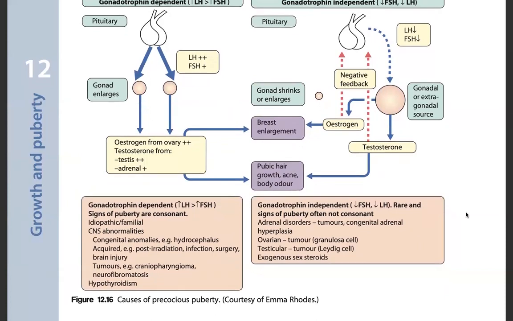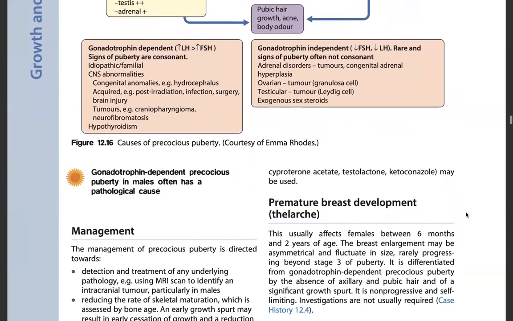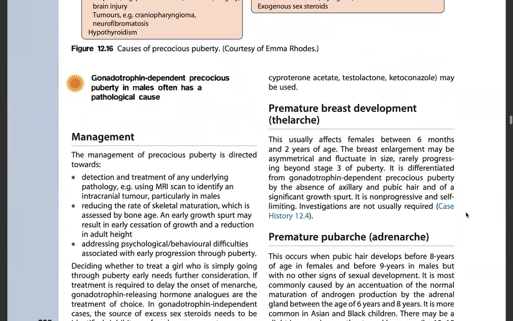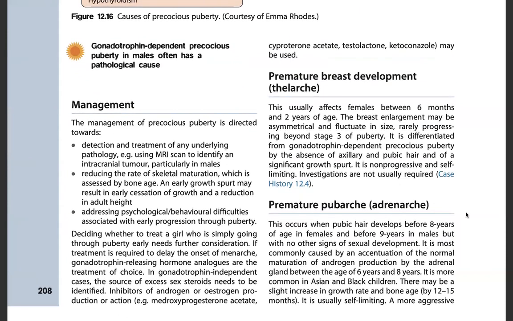Gonadotrophin-independent is rare and signs of puberty are often not consonant: adrenal tumors, congenital adrenal hyperplasia, ovarian tumor, granulosa cell, testicular tumor, Leydig cells, and exogenous sex steroids. Now, the bullet point: gonadotrophin-dependent precocious puberty in males often has a pathological cause. Management of precocious puberty is directed towards detection and treatment of any underlying pathology.